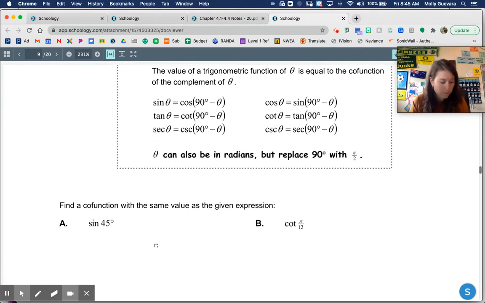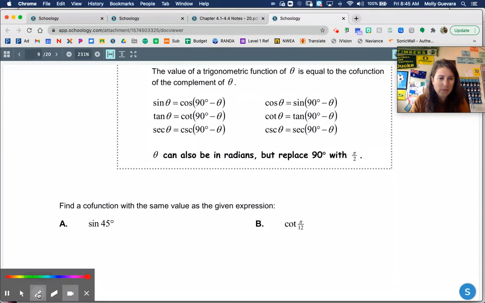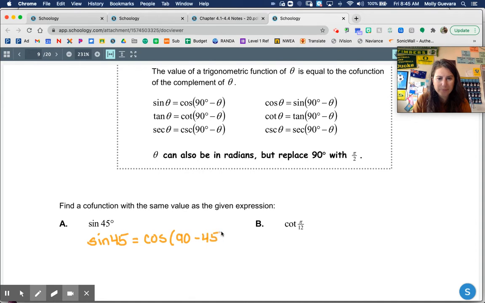So sine of 45, the complement angle to 45 is also 45, right? So that tells me that sine of 45 degrees is equal to, and I'm just using this right here, cosine of 90 minus 45, which is equal to cosine of 45.